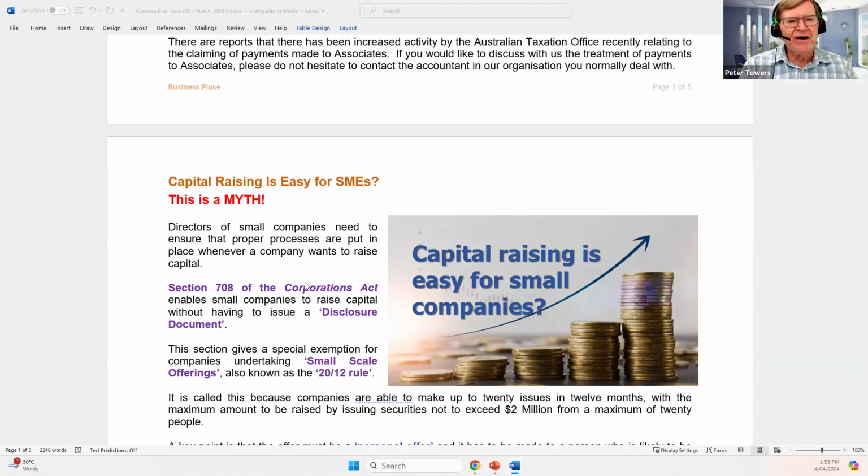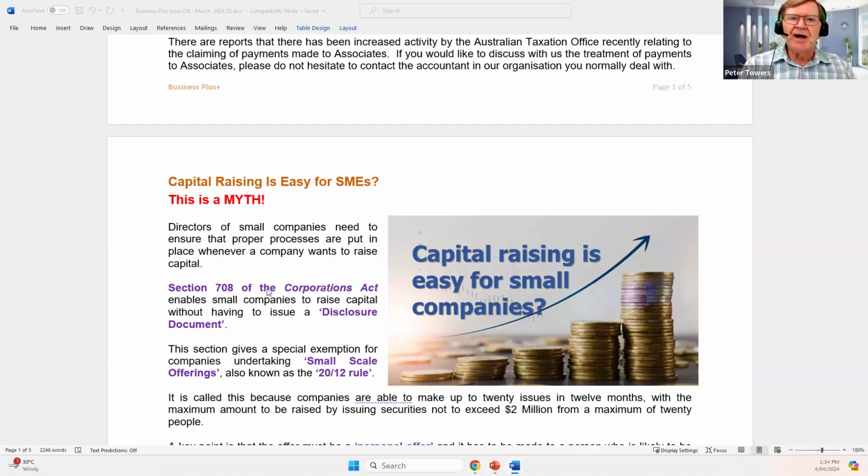I really wrote it at the time because Paul Keating was in the headlines, and I haven't actually been a fan of Paul Keating during his political career, but one thing I do give him credit for, he introduced 708 over 40 years ago, and that was the first opportunity for small companies to be able to raise money from the public, even though it really was restricted to family and friends, very close friends, people you basically went to kindergarten with.